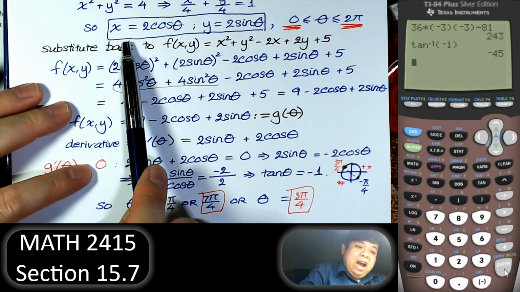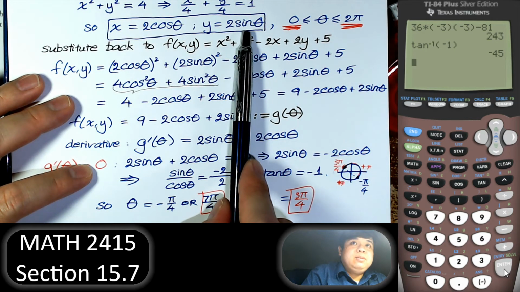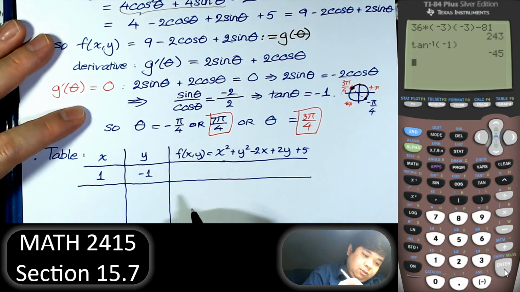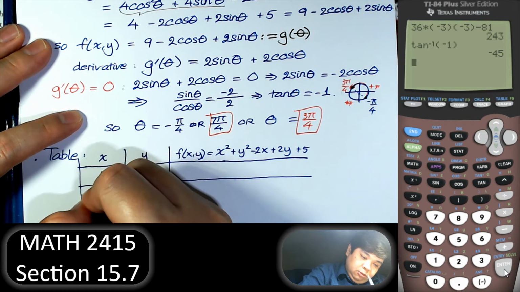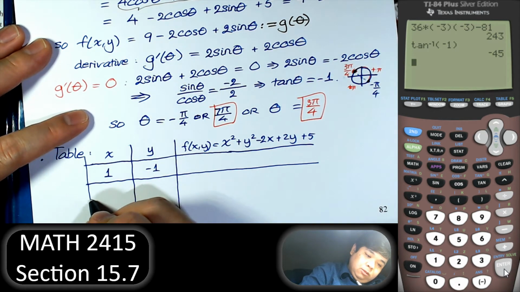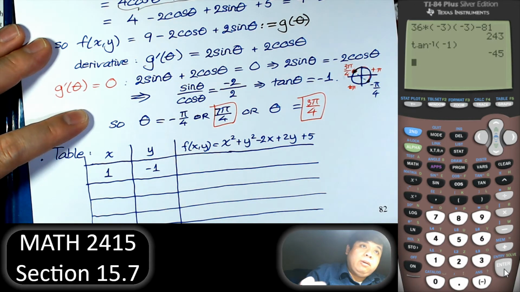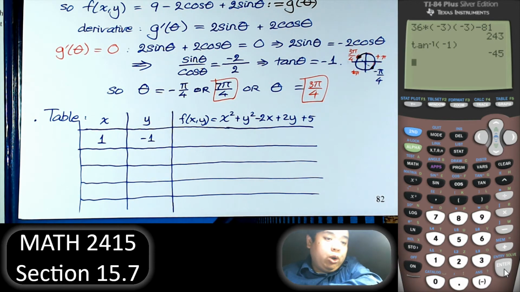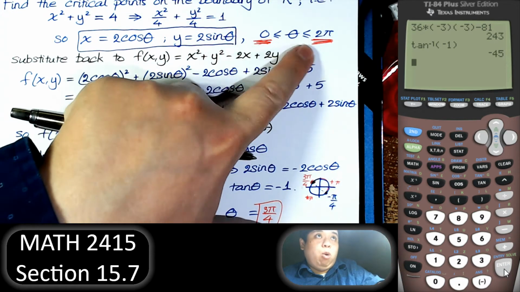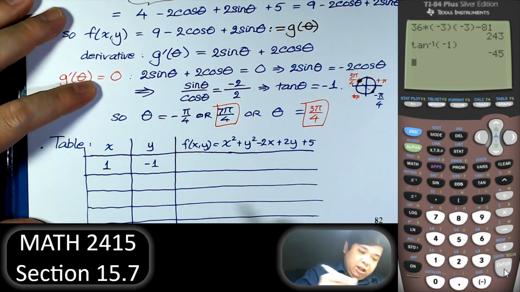Remember, we have x is 2 cosine theta, y is 2 sine theta. There should be 4 more. Once again, for the parameter, we should have the boundary of the parameter, so 0 and 2 pi.